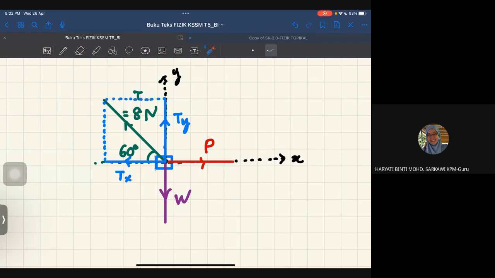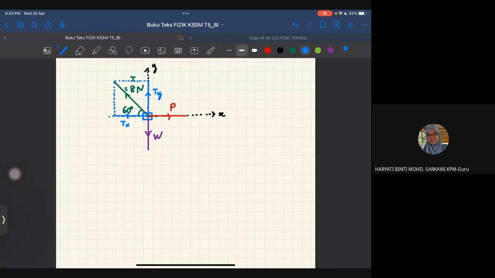So if stationary, this horizontal component of net force will be equal to 0. So do you see that Tx and P now are in opposite direction? But we can conclude that Tx is equal to P. How come like that?